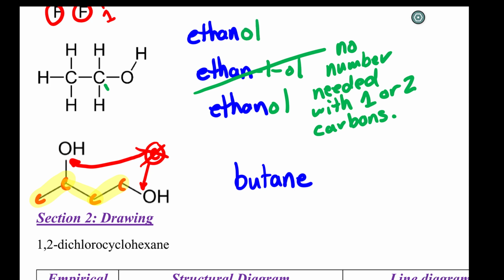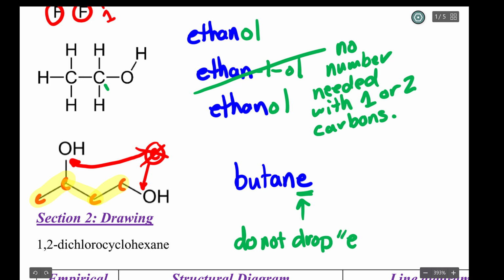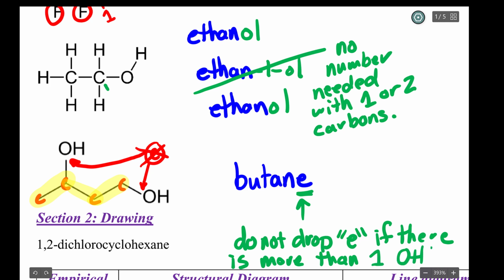But there is a weird rule when it comes to multiple alcohol groups in an organic compound. If there is more than one alcohol group, you do not drop the E. So you do not drop this E if there is more than one OH hydroxyl group.